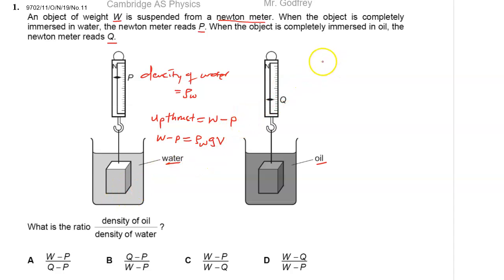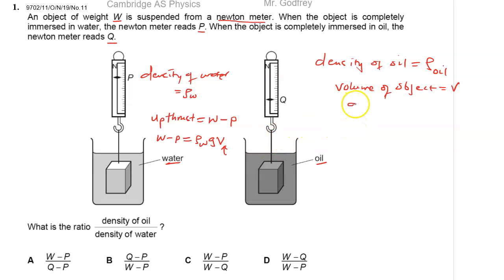Density of oil, let's go to oil. Density of oil is equal to rho oil, let's call it that. And we know that the volume of the object is V, which we have already used there, the same volume.